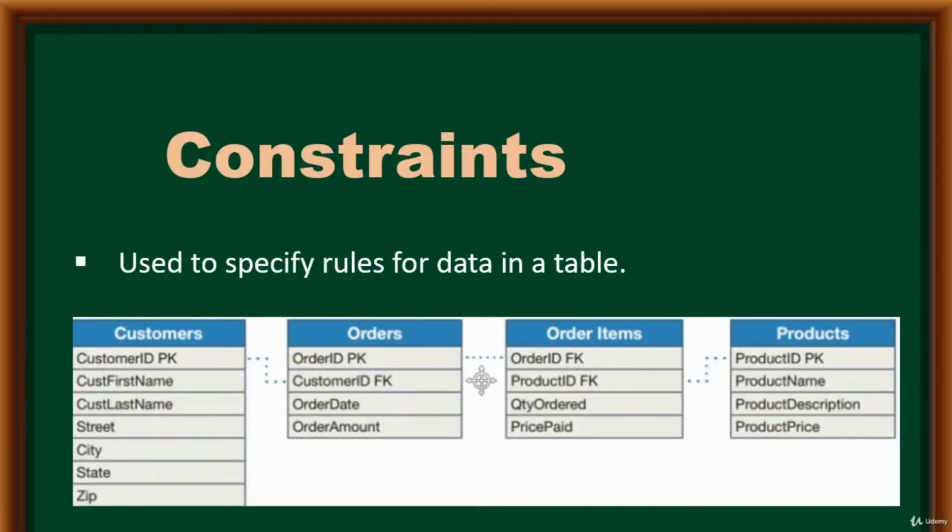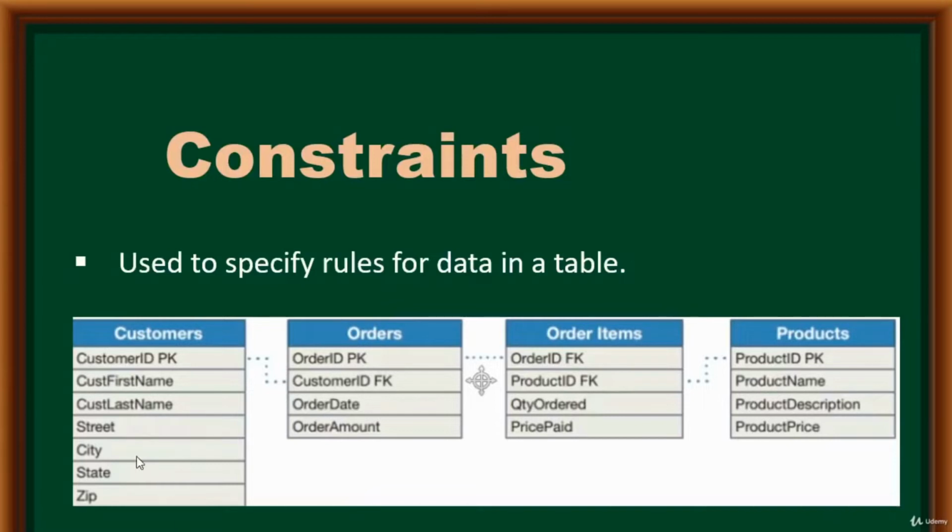So when you're creating a table, you can implement different types of constraints. An example constraint you could implement, in any of the fields, is that you don't want the value to be null. Null basically means a value that is not known.